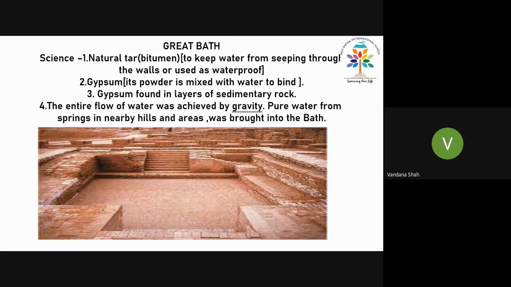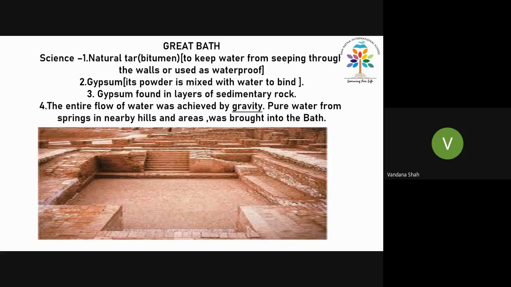In fact, gypsum is a sedimentary rock. It means the deposition keeps on collecting where the rivers are flowing. Slowly that deposition will form a kind of rock, and that is your sedimentary rock. When you crush that and add a small amount of water, the gypsum has a binding property, and that's what was applied on the floor of the Great Bath.